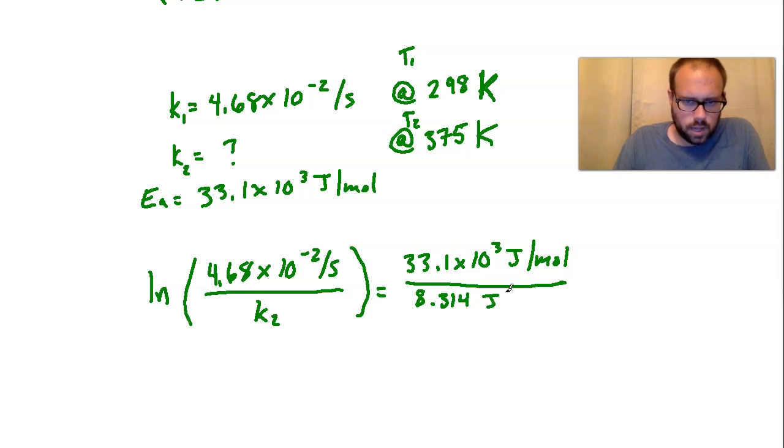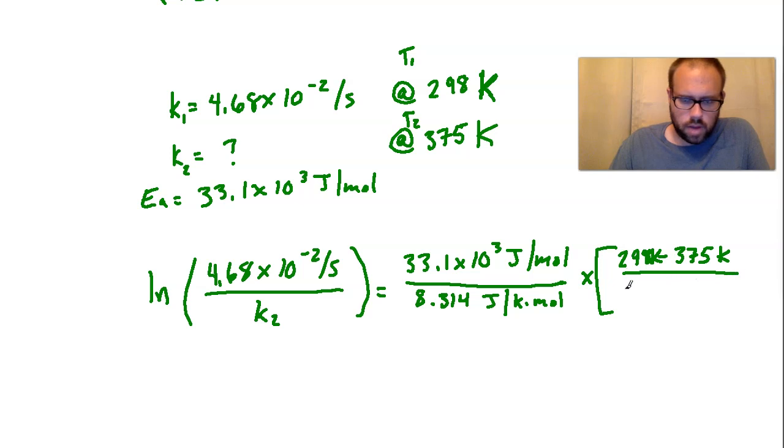Okay. And that's the constant, so that's going to be joules per Kelvin per mole. All right, multiply, and now you have to do the whole entire temperature portion. So this is going to be times 298 minus 375 Kelvin over the product of the two. So 298 Kelvin times 375 Kelvin. So you would have to put all of this in and solve for it.